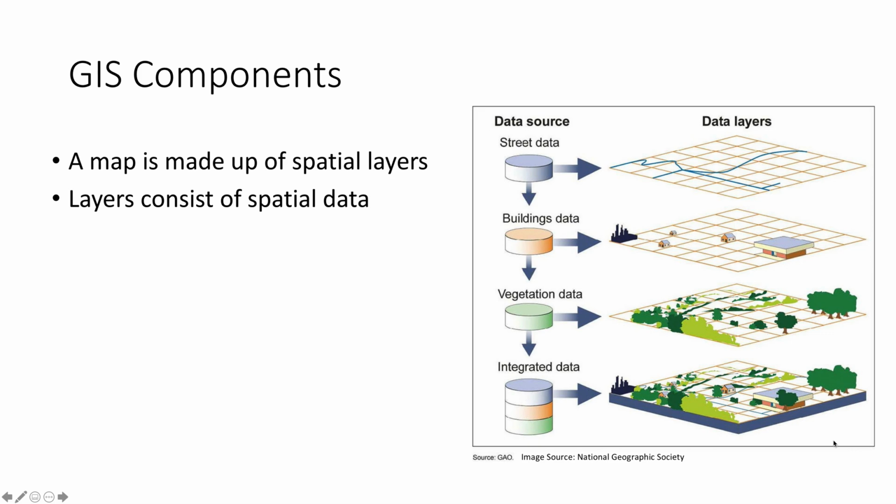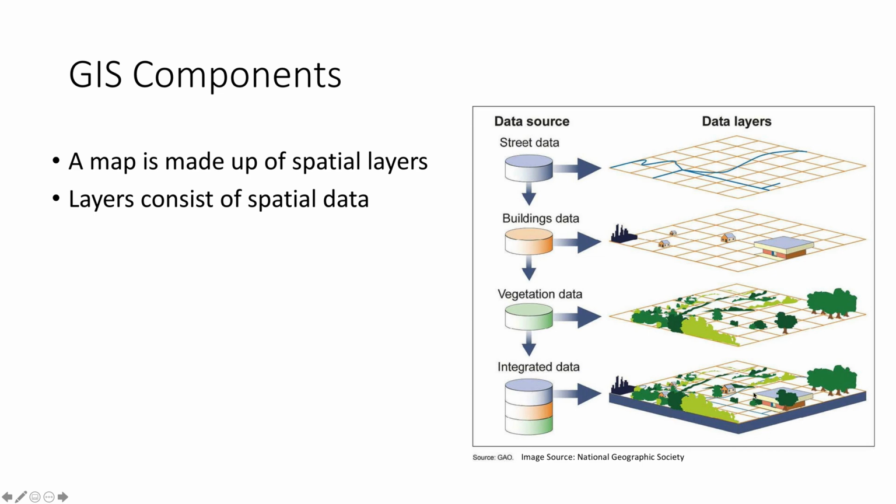But to get this map, we actually have to combine a bunch of data together. We need to add different spatial data together to create something like this, right? Because this data consists of trees and forested areas and buildings and streets and roads.